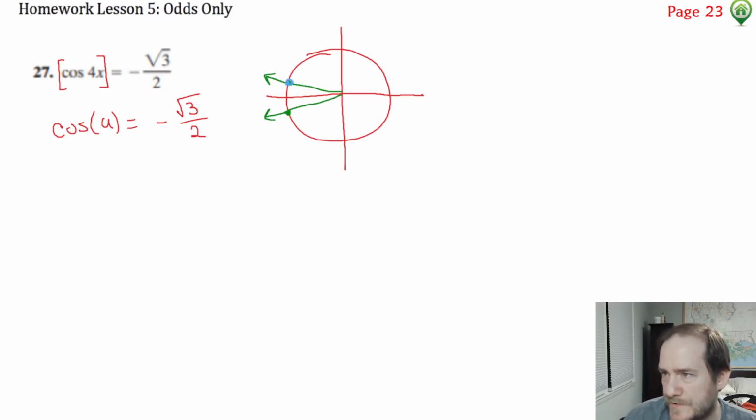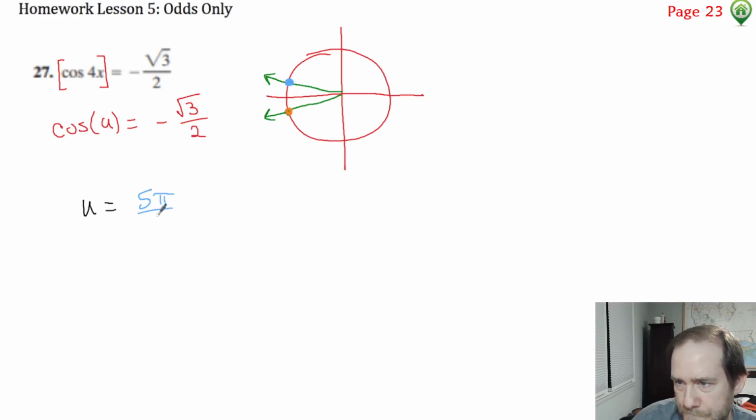Let's let one of them be blue while the other is orange. You guys know that you absolutely may write two separate equations. You could write one equation where the blue angle is 5 pi over 6, and then add the distance between this blue angle and the next blue angle, which of course is a full rotation, so 2 pi, times k.